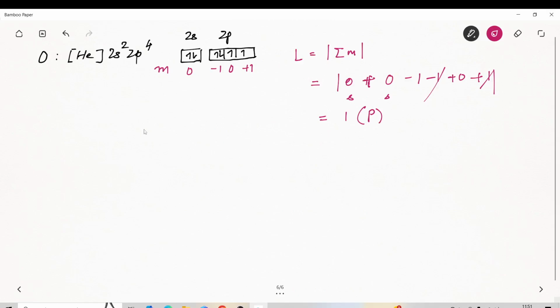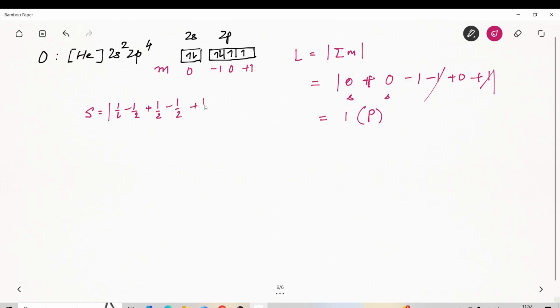So what should be the value of capital S? Now capital S has to be equal to, there are two parallel set of electrons. These are paired up already, isn't it? এটার জন্য 0 হচ্ছে, এটার জন্য 0 হচ্ছে। So তুমি পুরোটা দেখিয়ে দিতে পারো। You can show all of them. Say +half, -half, +half, -half for the electrons which are paired.